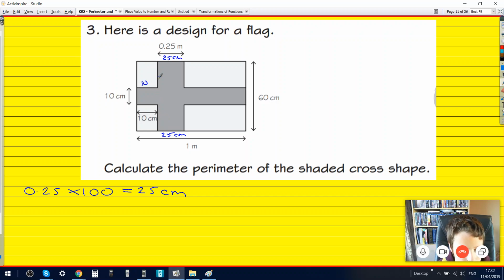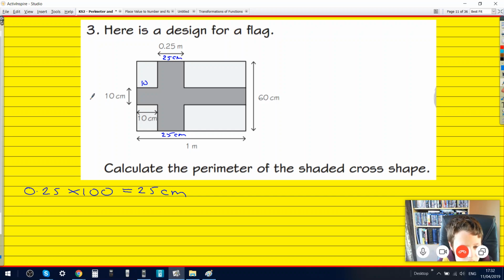Any idea about this height? Well, it's obviously not 10 centimeters. Yeah, it can't be. I doubt it's 10 centimeters because they just don't look the same size. Well, this part is 10 high, and they tell us in total it's 60 high.